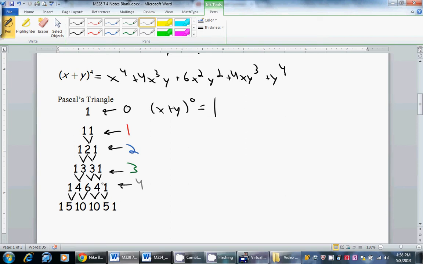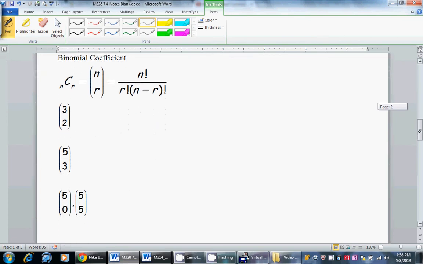Now, here's another method. At the top of the next page, we have this concept of the binomial coefficient. And this is why we just talked about factorials a moment ago. nCr. Think of C as the coefficient. n and r here are two positive numbers.